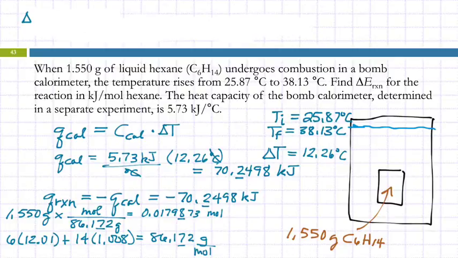So delta E for this reaction is equal to Q for the reaction because this is happening at constant volume. The volume is not being allowed to change, so there's no work being done. So I've got this negative 70.2498 kilojoules.